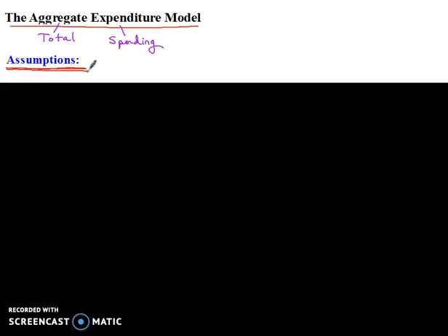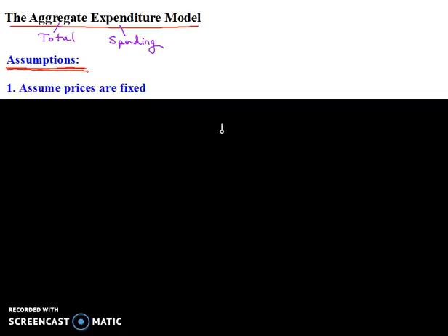So the first thing we always do when we build a model is state a couple of assumptions. The first one is that we are going to assume that prices are fixed. When I talk about prices here, I'm talking about the price index, or the price level, something like the CPI or the GDP deflator.